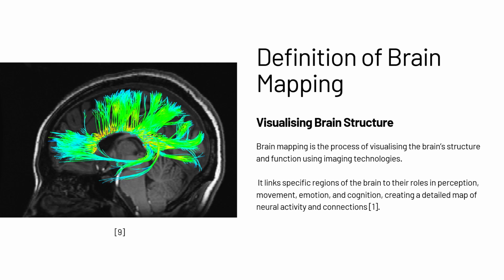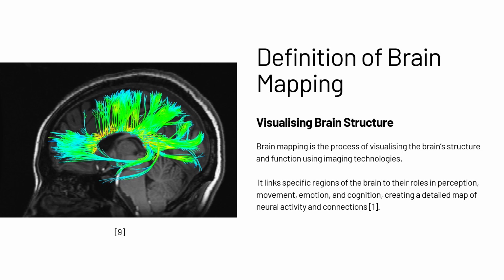So, what is brain mapping? Brain mapping is a technique used to visualize the brain's structure and function. It links what different parts of the brain look like to what they actually do, such as controlling movement, processing vision, or forming memories.